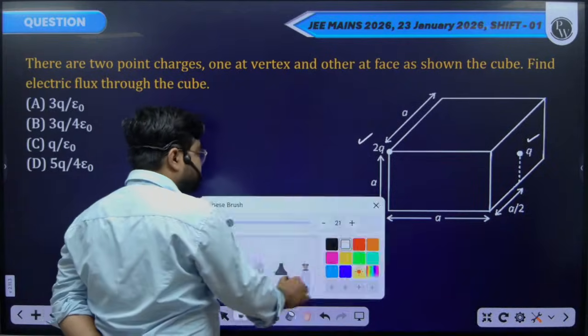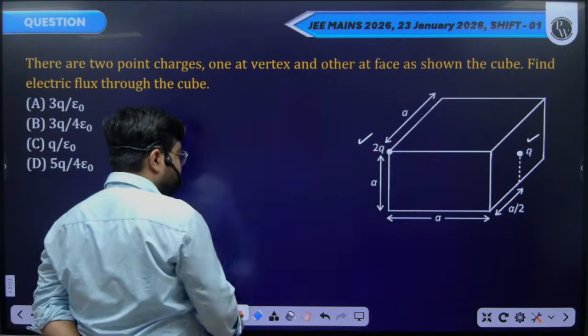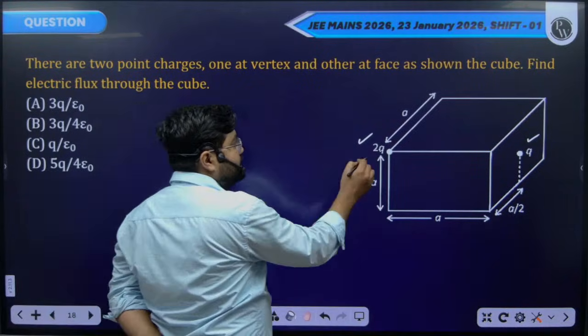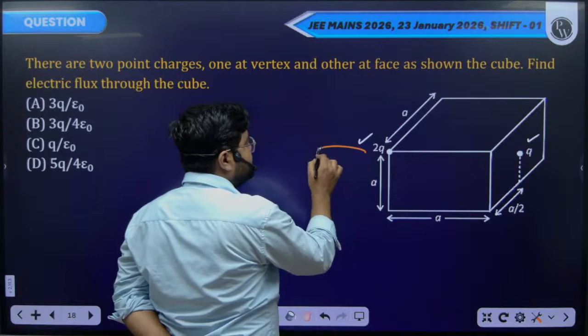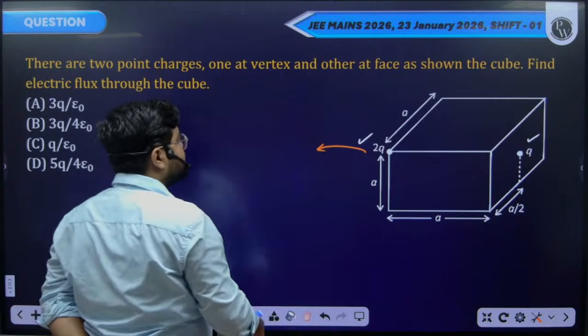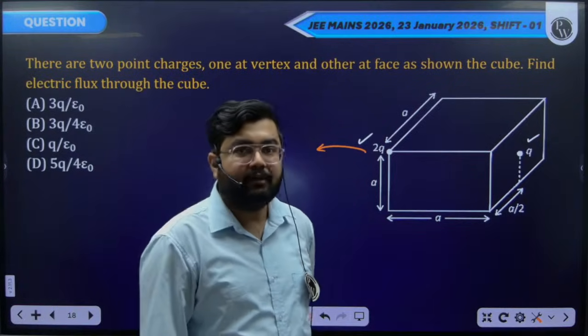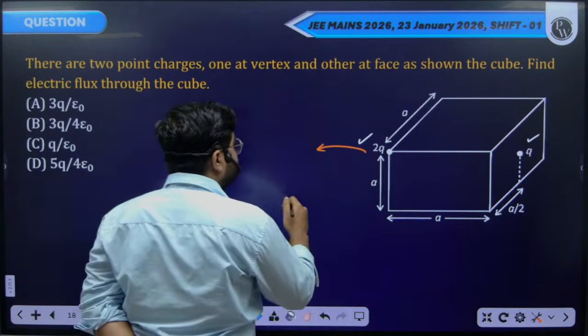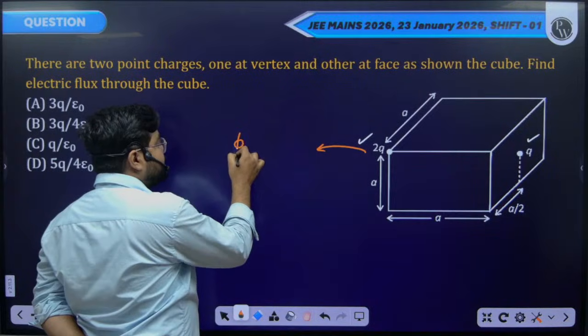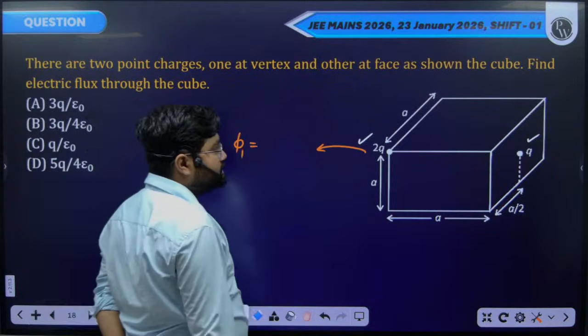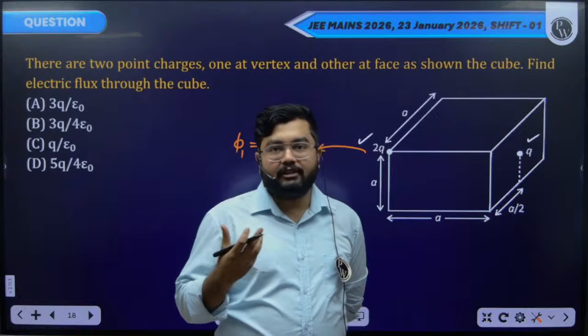Now, due to the corner charge, the flux contribution to the cube will be 1/8 of the charge by epsilon naught. We know this, the flux created by the corner charge, because this is a very common problem.